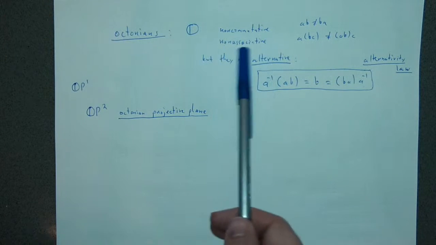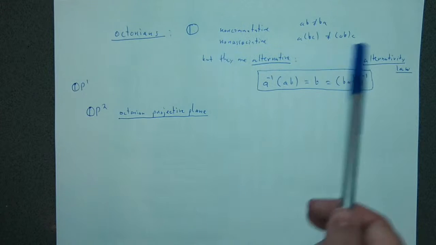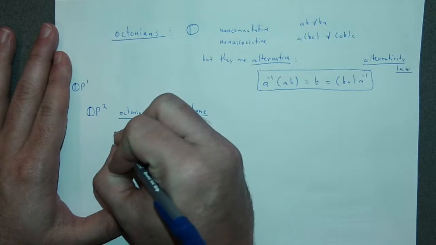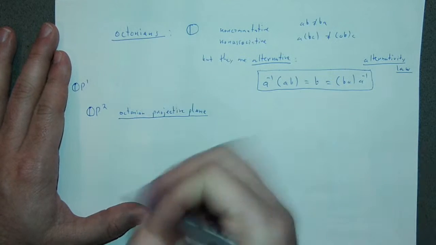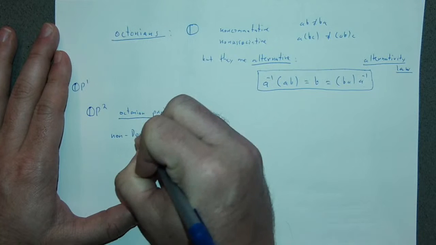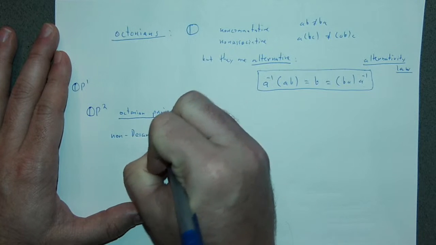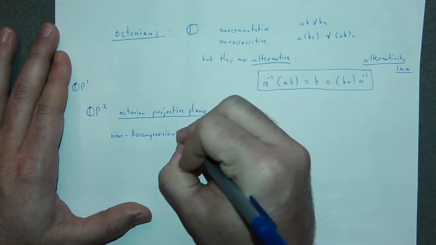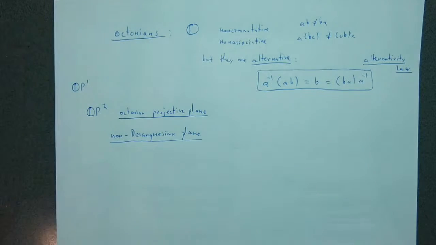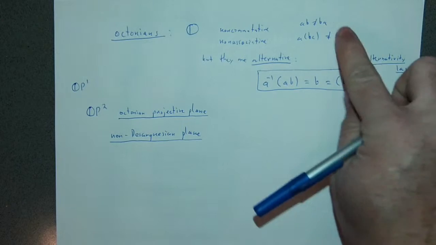Since it's non-associative, I'm not going to have a Desargues theorem. So it's non-Pappian, non-Desarguian, that's an easier way to say it. So this is a non-Desarguian plane. So no Pappus, no Desargues. I can write that up here.